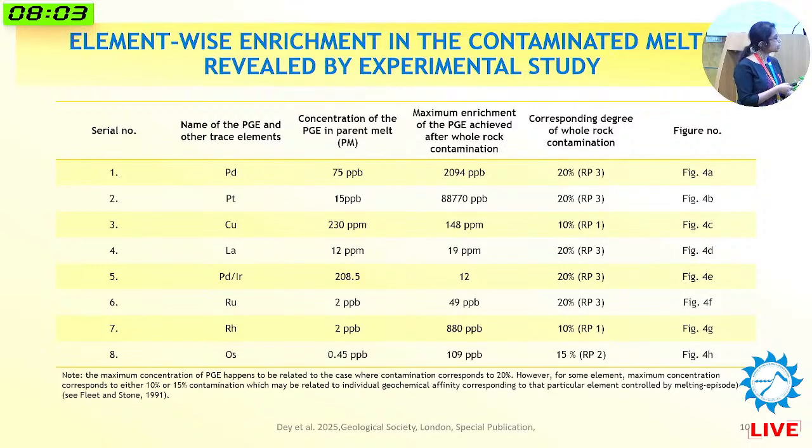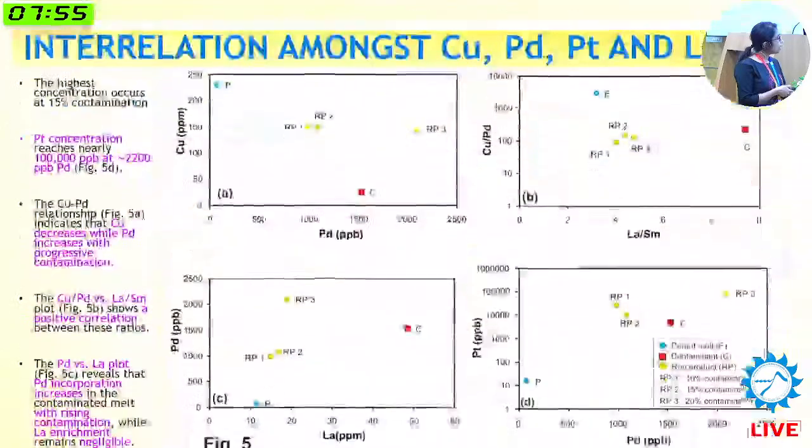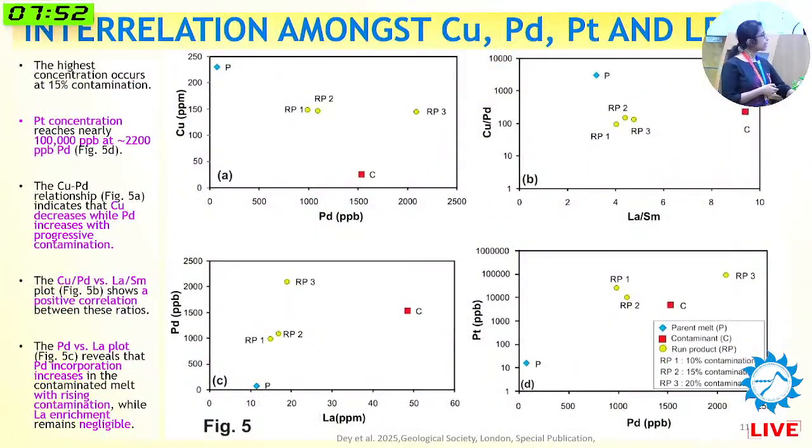These are showing the maximum enrichment of different PGE elements compared to the parent basalt melt. And this diagram is showing the interrelation between the PGE elements with the light rare earth elements, where if we consider Pd, with respect to Pd, Cu and La, the enrichment in Cu and La is negligible.